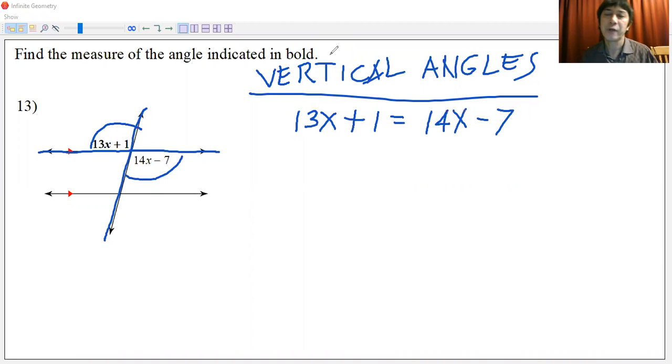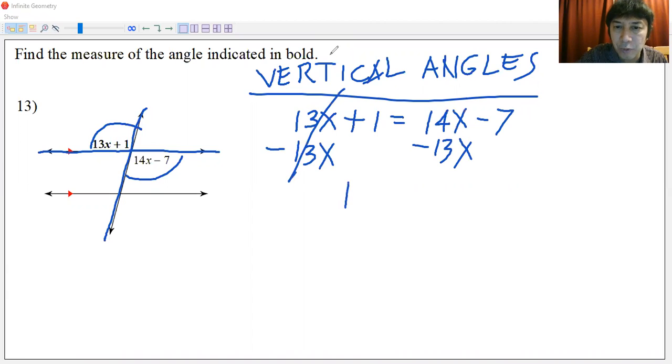And so we solve for x and then solve the measure of the angle indicated in bold letters. All right, so we shall start by subtracting 13x, and this is now 0. This is 1. 14x minus 13x, that's 1x, and then we have the minus 7.